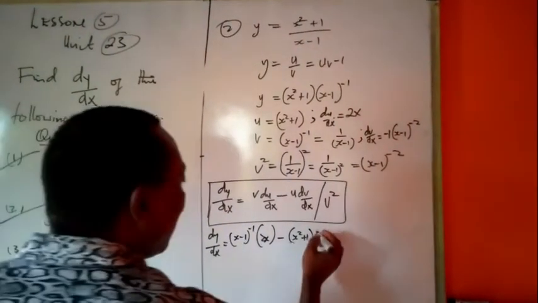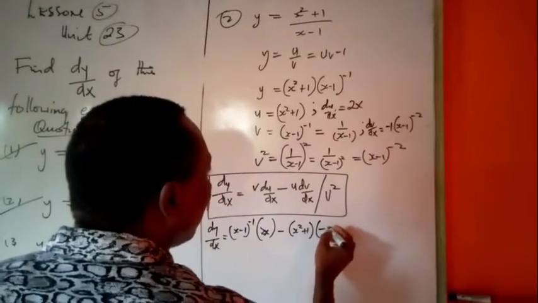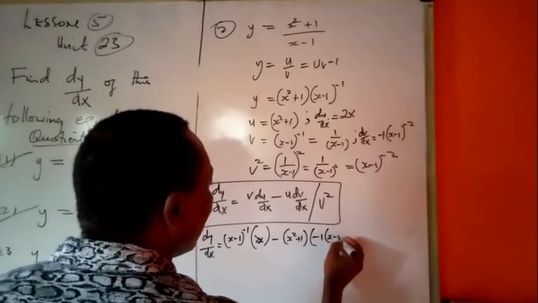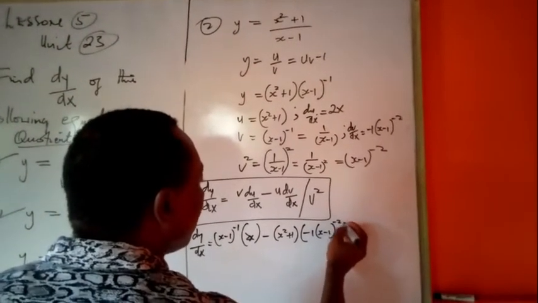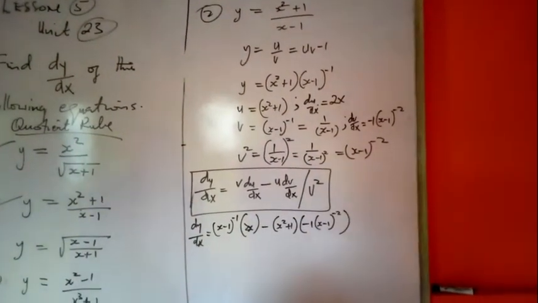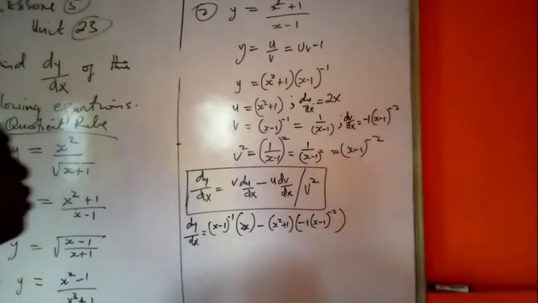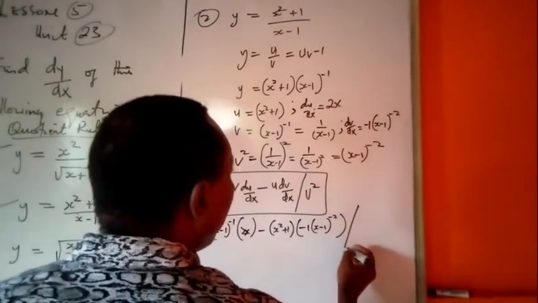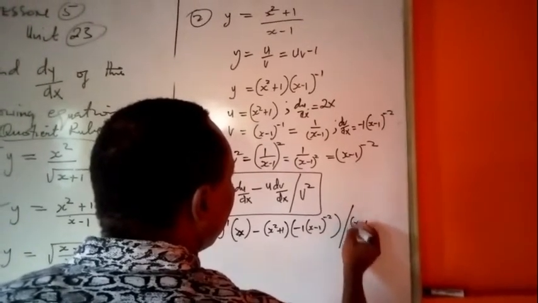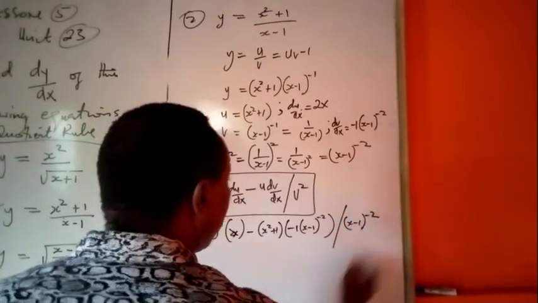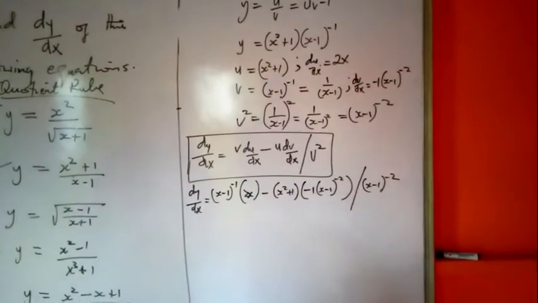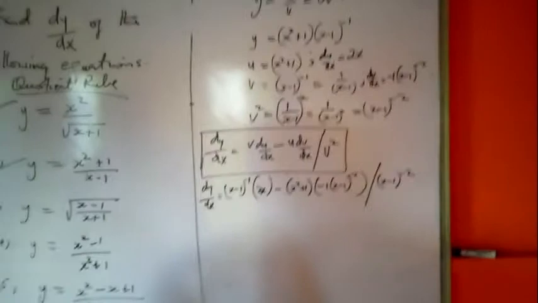Your dv dx is minus 1 into x minus 1 raised to power minus 2. So that becomes your dv dx all over v squared. What is your v squared? x minus 1 raised to power minus 2. So having done that, your work is a little bit easier now.